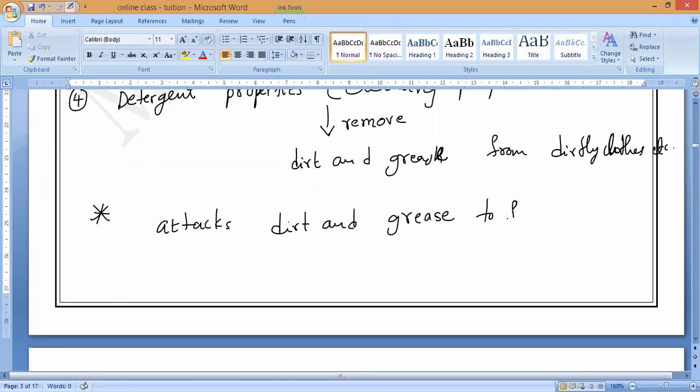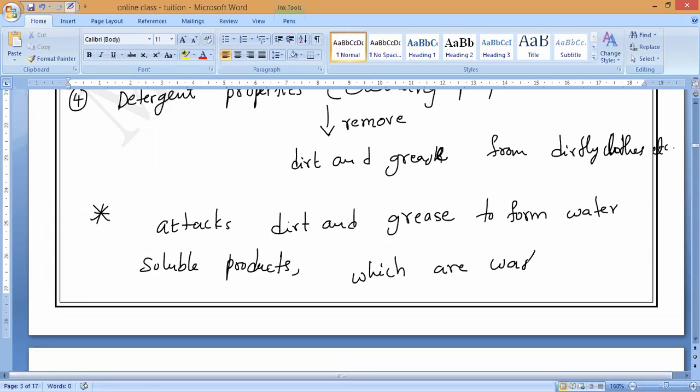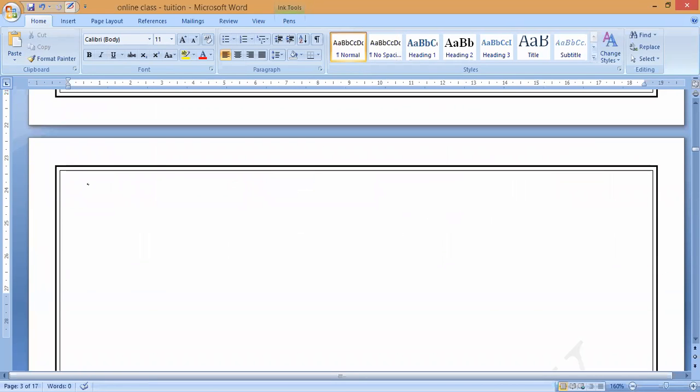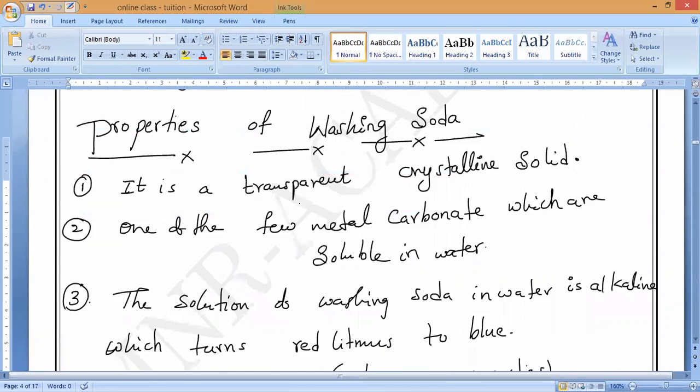What do you mean by rinsing? Rinsing means soaking. So these are the four properties of washing soda.